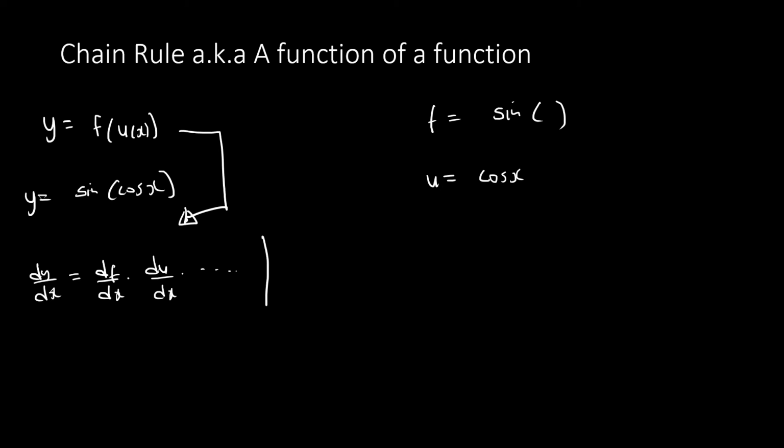You check which one is the main function. We can see cos is inside your sine, so sine is the main function. So I start with sine. The differentiation of sine is cos. Then I go inside sine. What do I have inside sine? I have cos. What is the differentiation of cos? It's minus sine. Then that's your answer: cos of cos times minus sine. You see?